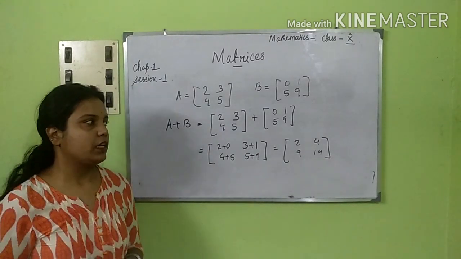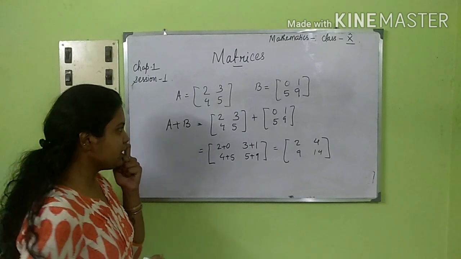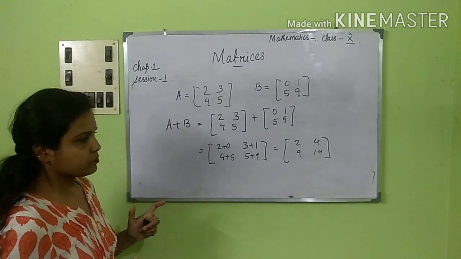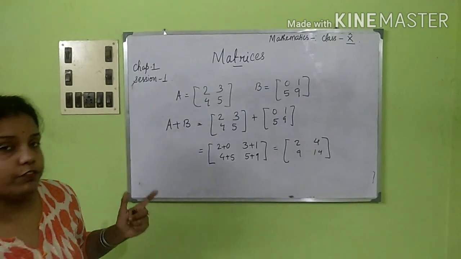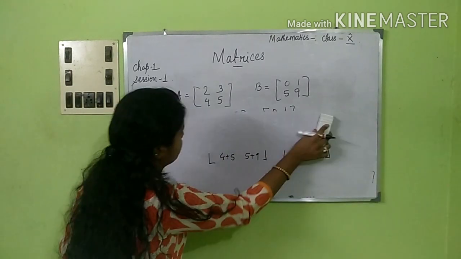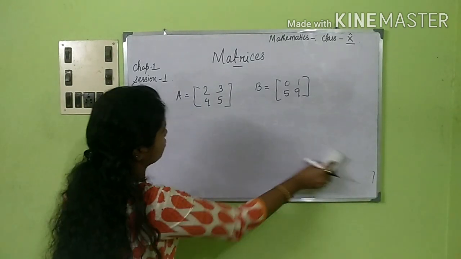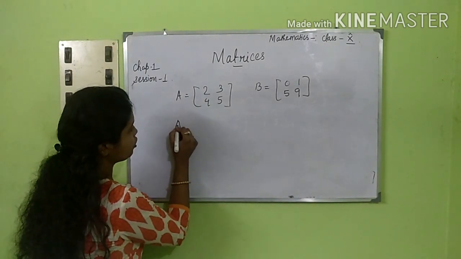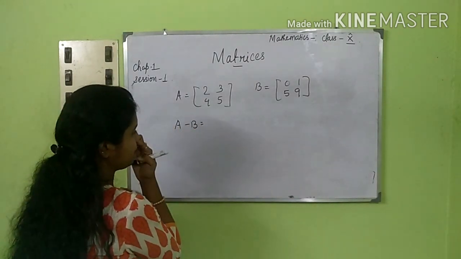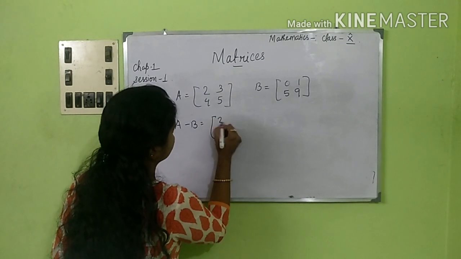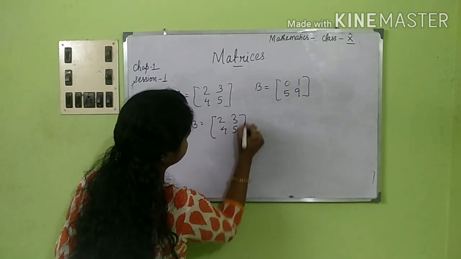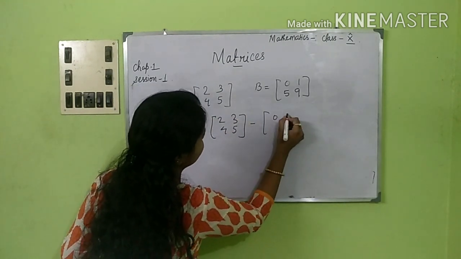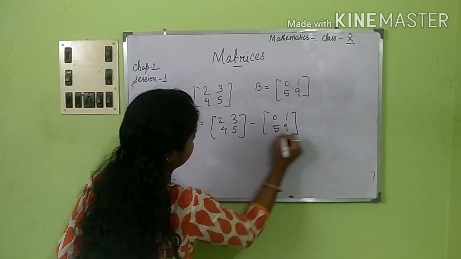Now you might see what I was talking about, two different orders, right? Before coming to that explanation, I would just show you the subtraction also. 2, 3, 4, 5 minus 0, 1, 5, 9.